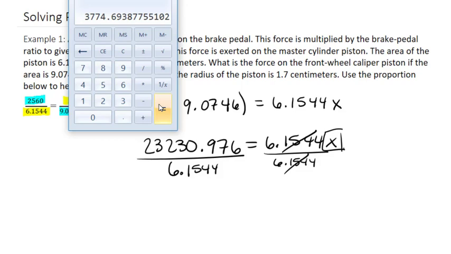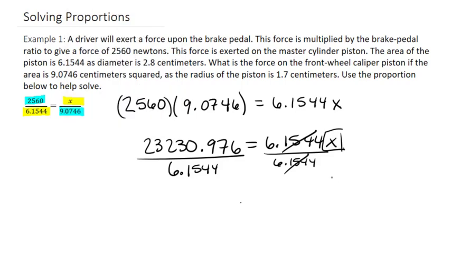We'll round to the nearest tens. So x is equal to 3,774.7, and this is newton centimeters.